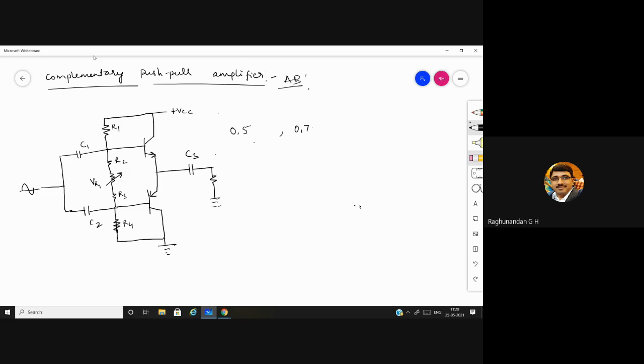Or else you can use a potentiometer, a variable resistance, and you know that since a resistance will have a voltage drop, we are going to add this resistance circuit, which is known as the potential divider circuit. See, it is almost the same as the voltage divider circuit.